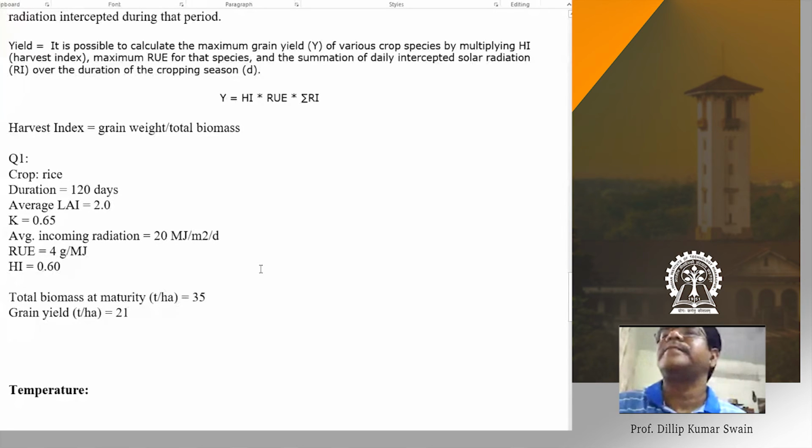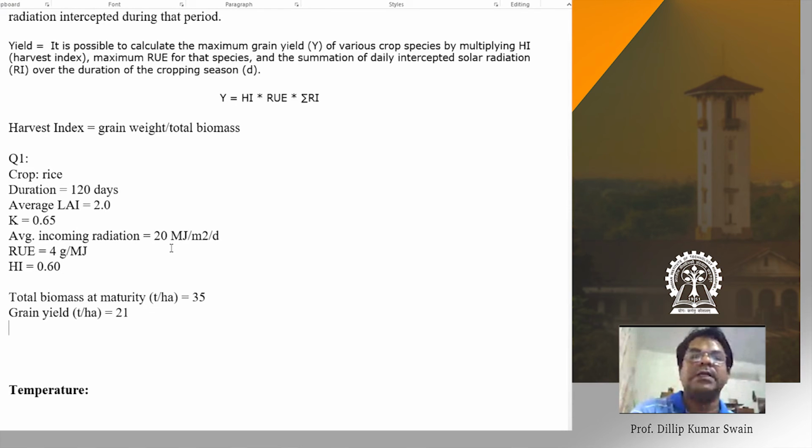Sir, can you explain once more why it was divided by 2? See, when you are taking the radiation interception, the total average incoming radiation is 20 megajoules per meter square per day. This includes your visible range and also the near infrared.